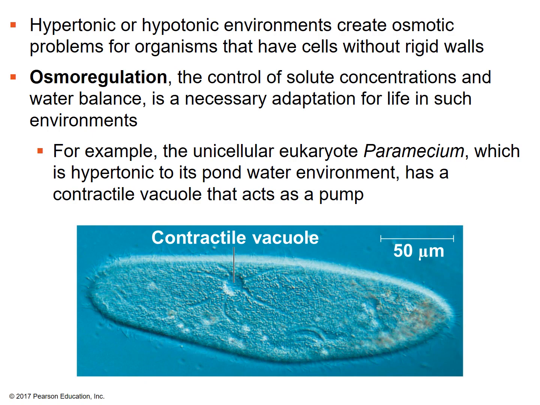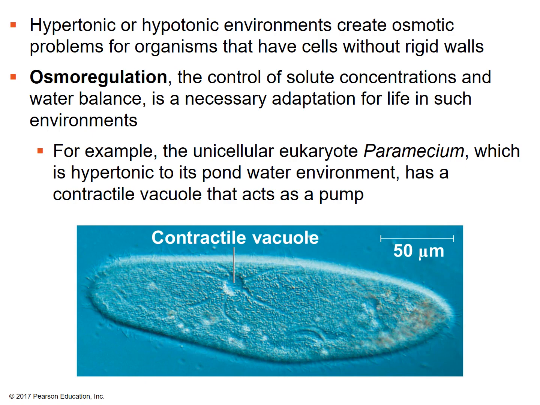Now, these environments create problems for organisms, especially highly hypertonic or highly hypotonic environments for cells without rigid walls. Osmoregulation, remember, the movement of water is called osmosis. Osmoregulation is going to be the control of solute concentrations and water balance, and it's a necessary adaptation for life in such environments.